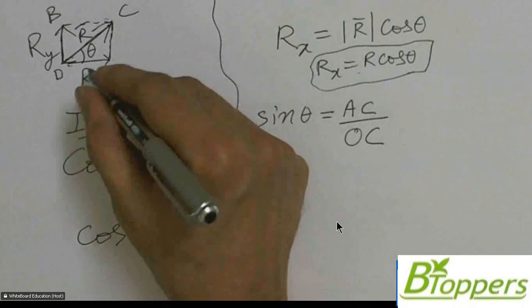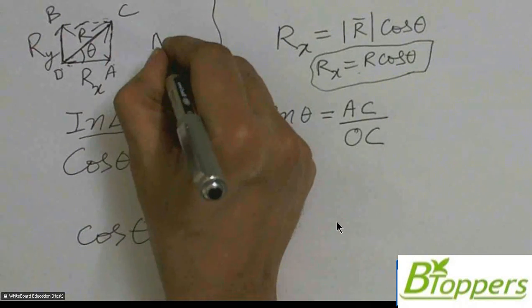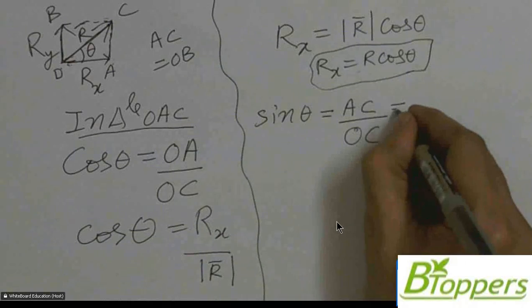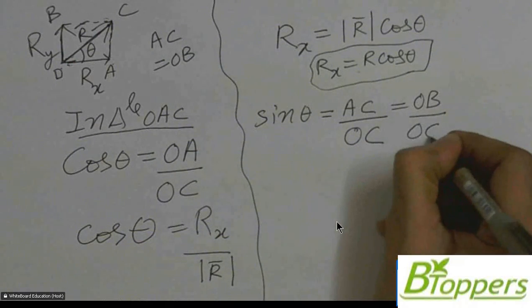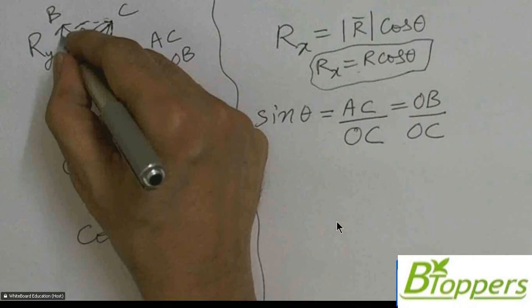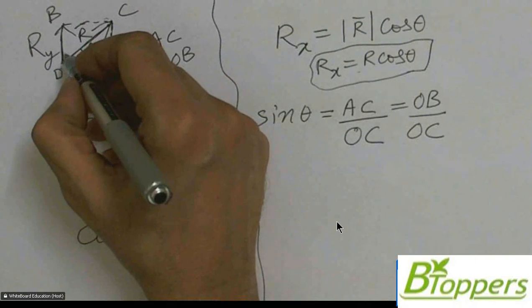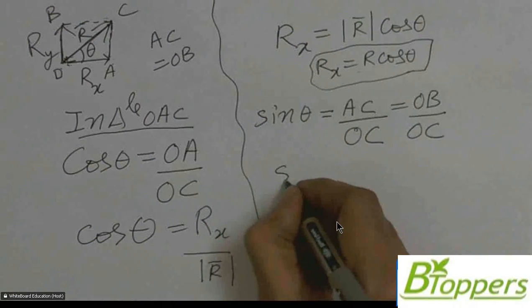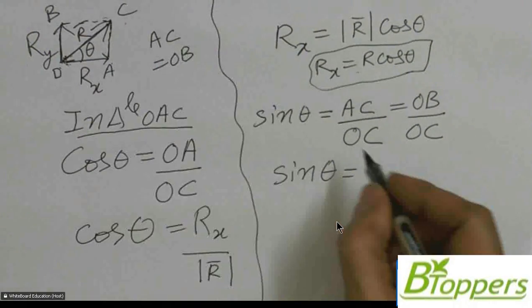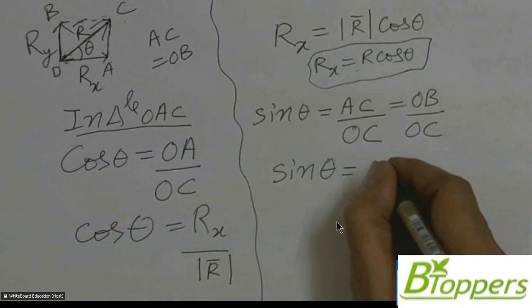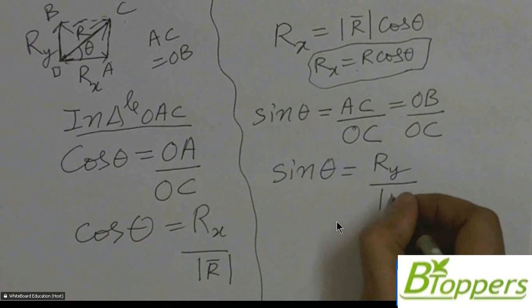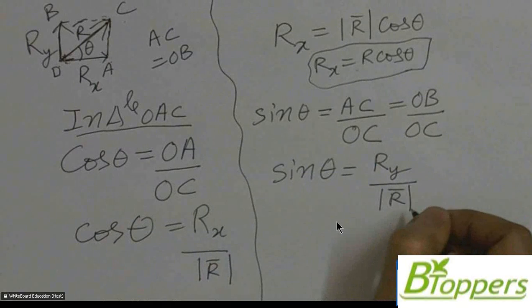So in the rectangle OACB, opposite sides will have the same length. So AC can be written as OB. Now the length of the line OB gives you the y component of r bar denoted by ry. And the length of the line OC gives you the magnitude of vector r bar. So sin theta can be written as ry by modulus of vector r bar.